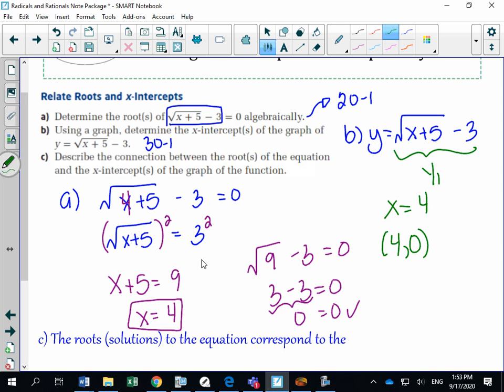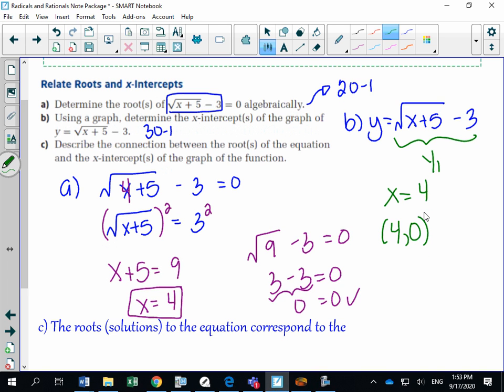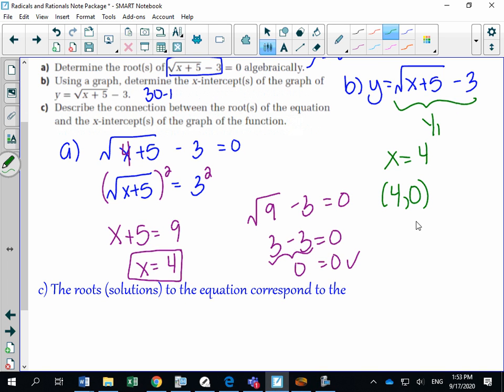So for A, we did the root of the equation and we got x was equal to 4, right? In B, we did the x-intercept of the equation, which is the same thing as the 0, and we got x is equal to 4. So what C is sort of asking for is, what's the relationship between the root and the x-intercept? They're the same number.